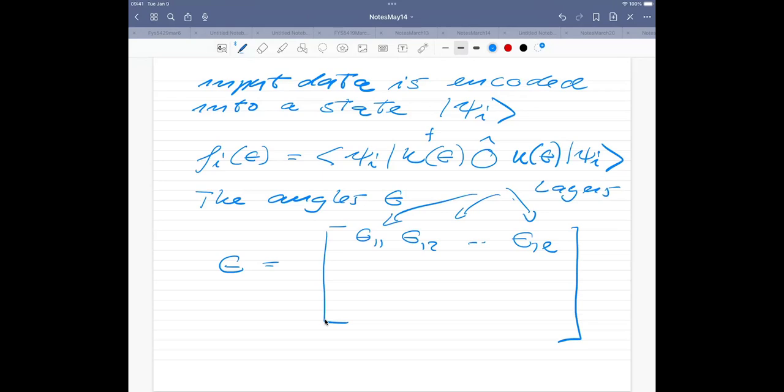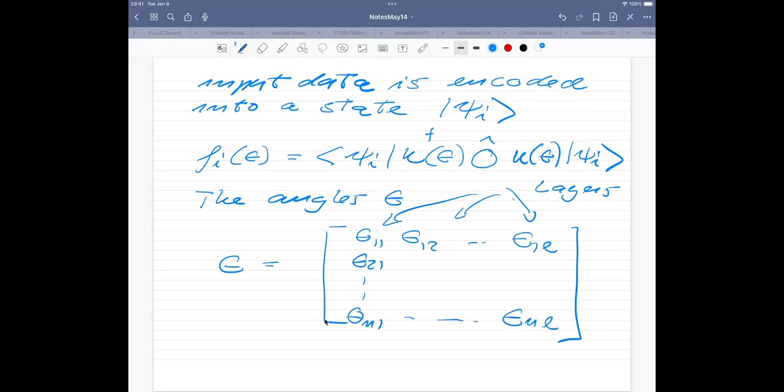Then we will have a set of quantum registers where we encode this information. So these are the qubits which we then operate on with a single qubit rotation on each one. So that means that we would have a theta 2,1, and down to the final register, N,1, and this goes all the way to theta N,L.